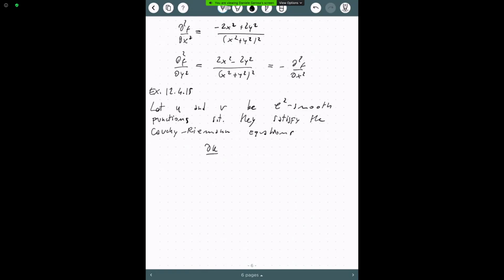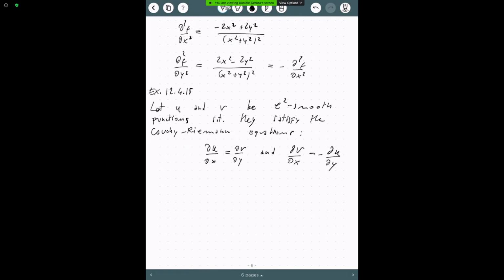So what are the Cauchy-Riemann equations? You want these mixed cross conditions, I don't know how to call them. The partial derivative with respect to y of u is equal, well, it's not like it is written in the book, let me just stick with that. The partial of v with respect to x is equal to minus u with respect to y.